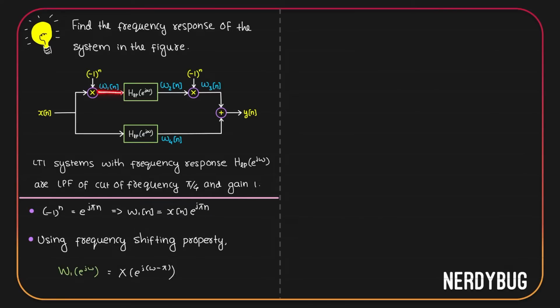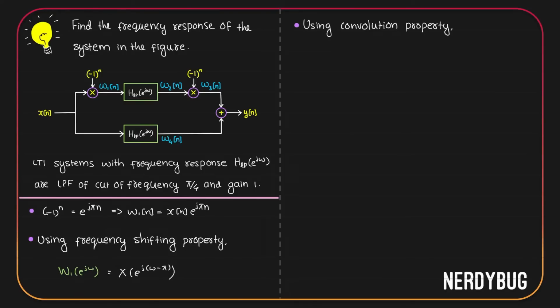Now w1 of n is given as an input to a low pass filter whose frequency response is HLP of e raised to j omega. The output is w2 of n. We know the output is going to be the convolution of the input and impulse response. So using convolution property, Fourier transform of the output is going to be Fourier transform of the input multiplied by the frequency response of the low pass filter.